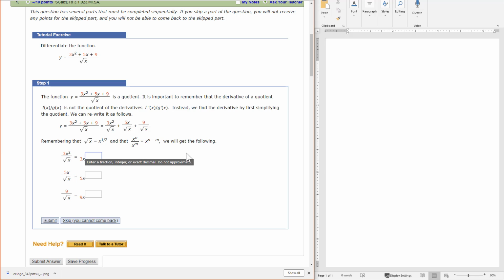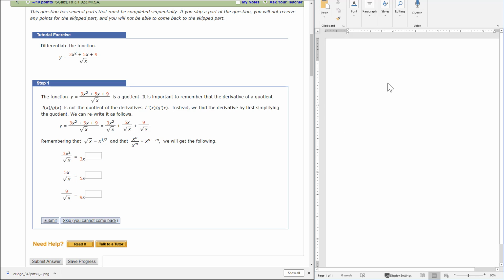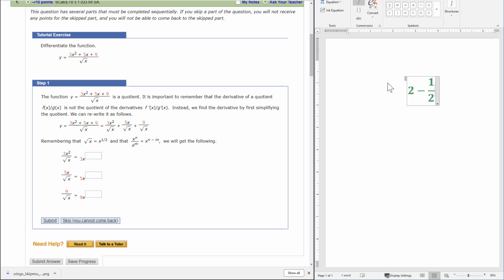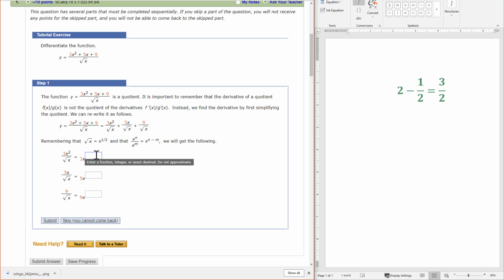So we want to perform the expression 2 minus 1/2. If we just find common denominators, that's 4 over 2 minus 1 over 2. So we get 3/2. So that's what we'll put here.